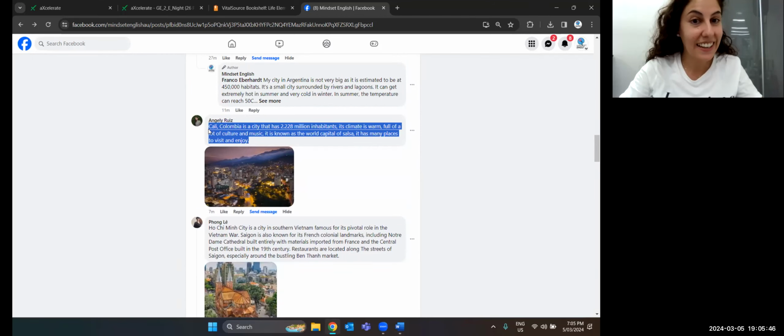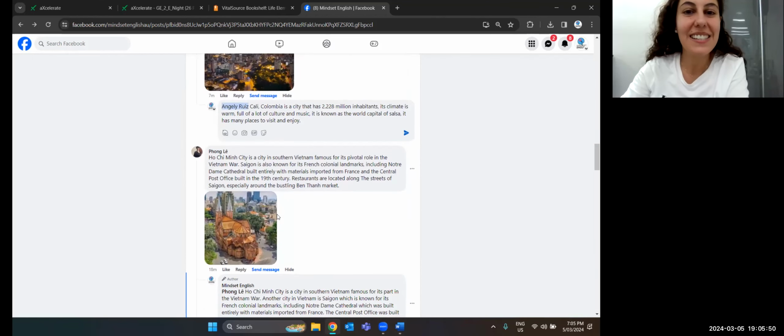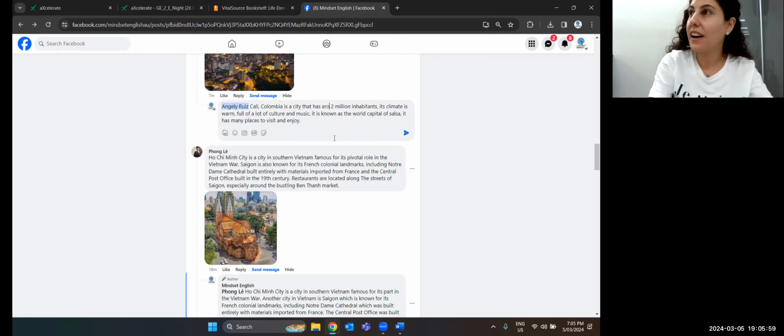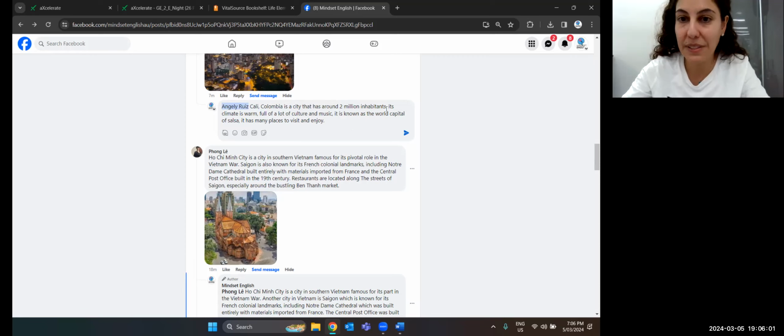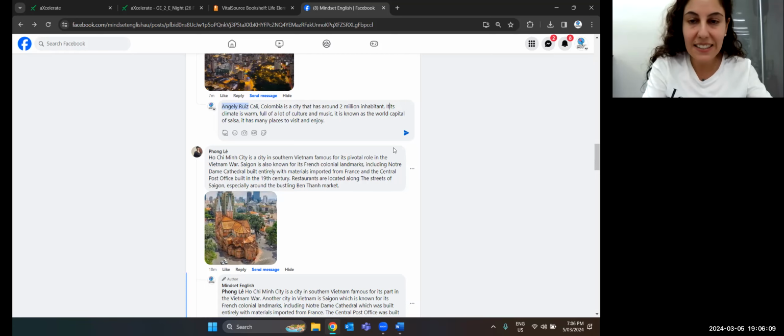So, Cali, Colombia is a city that has, I'm not sure about this number, I would say around 2 million. Is that right? That has around 2 million inhabitants. Okay, so remember full stop. When you have one piece of information, put a full stop, start a new sentence.